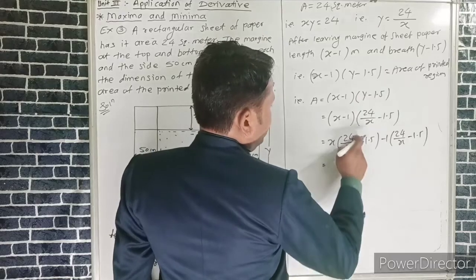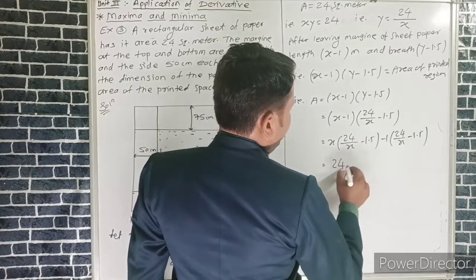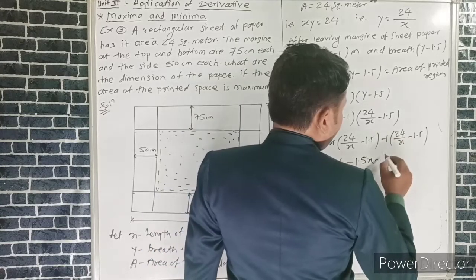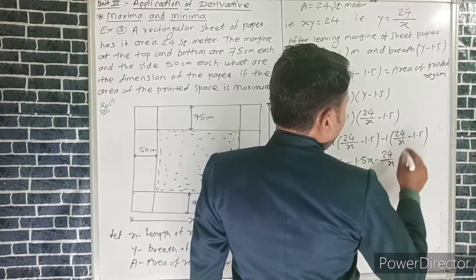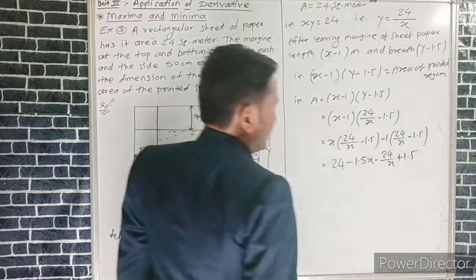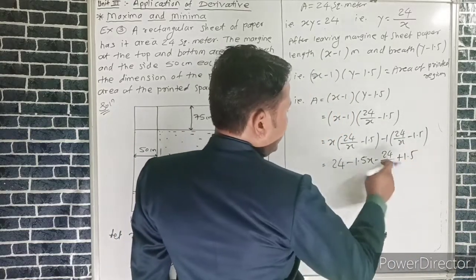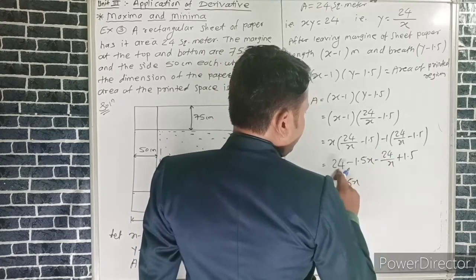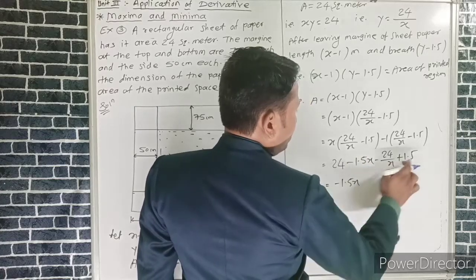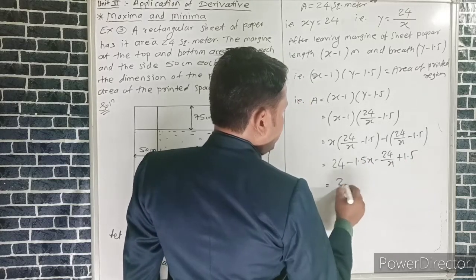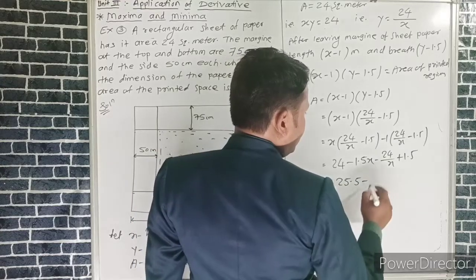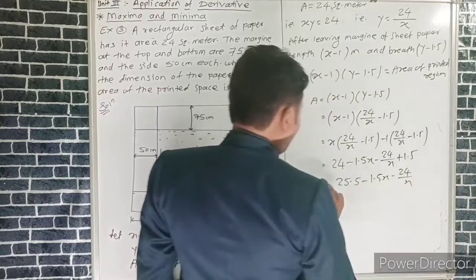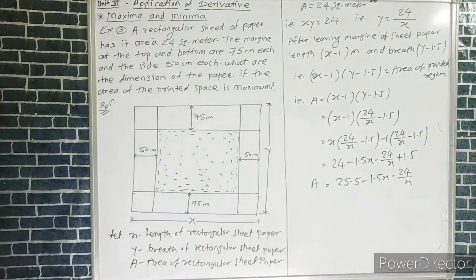Multiplying, x into 24 by x gets cancelled, so we get 24 minus 1.5x minus 24 by x plus 1.5. Adding the terms, A equals 25.5 minus 1.5x minus 24 by x, which is the area of the printed region.